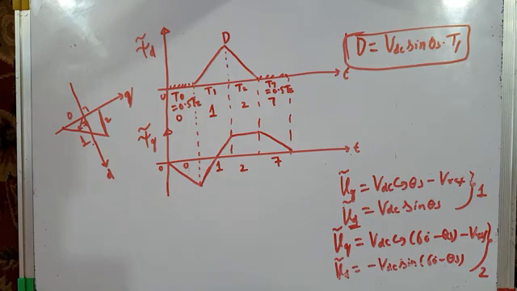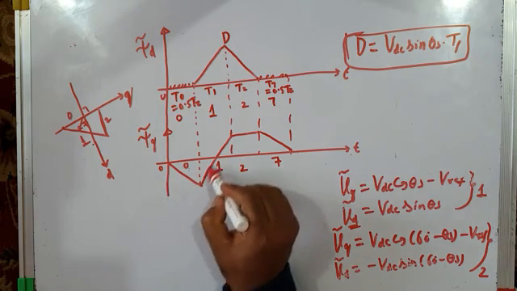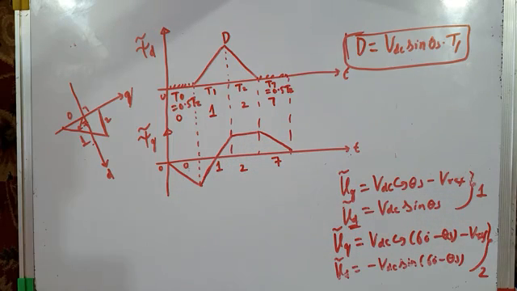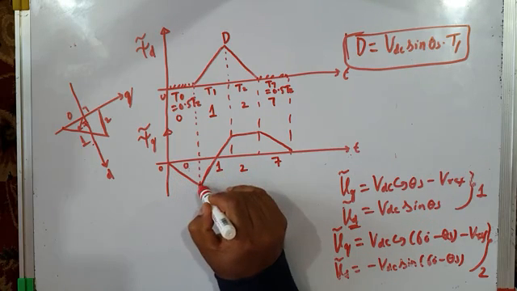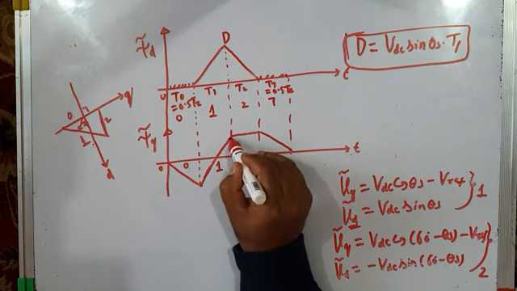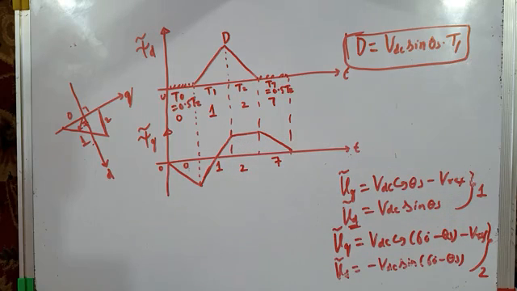Now I am interested in finding the length of this line, similarly the length of this line and all other lines, because later on I will be using these lengths for calculating the stator d-axis and q-axis stator flux ripple vector.